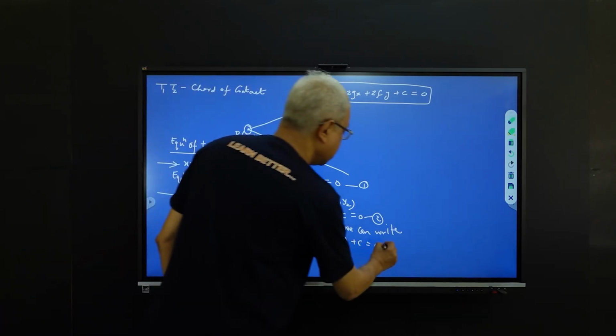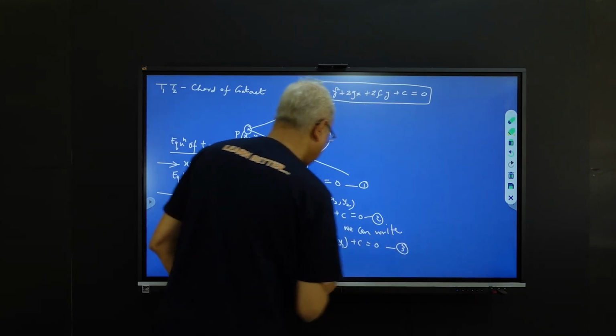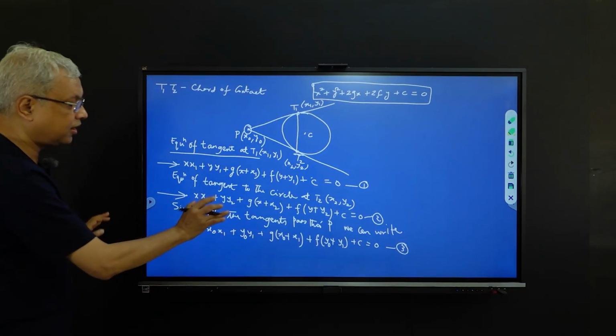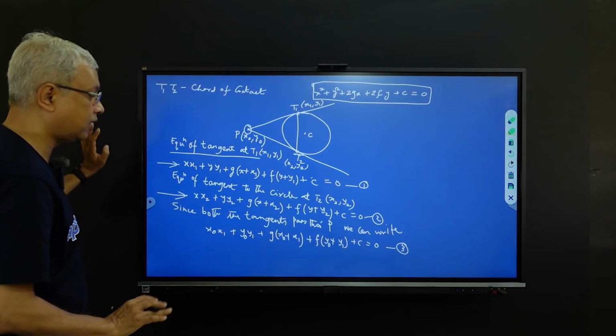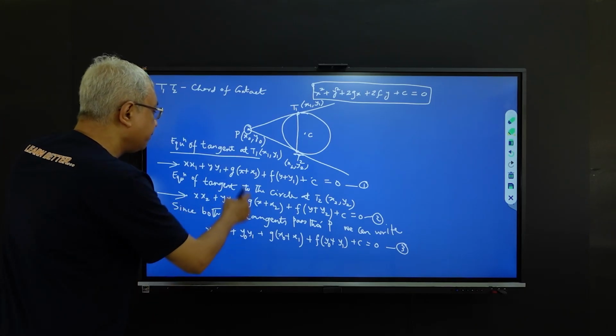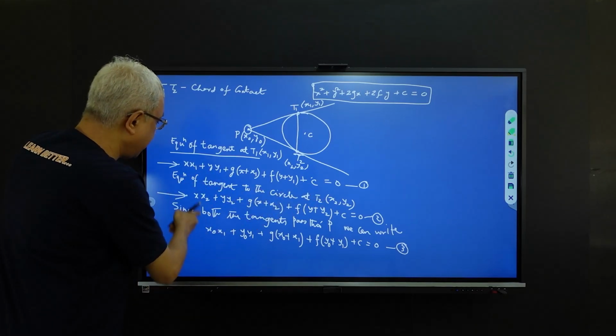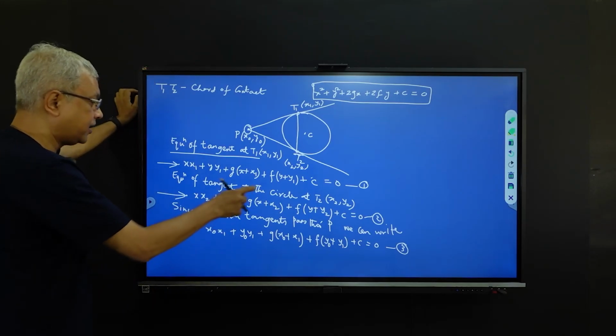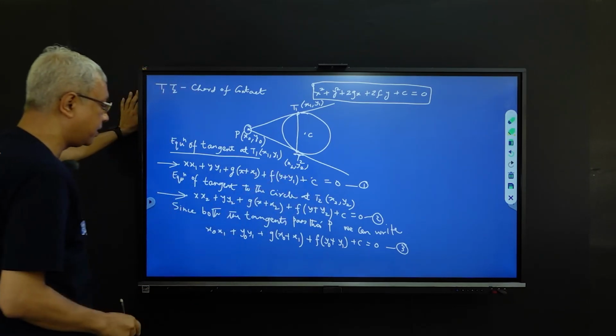I call it relation 3. It is not an equation, it is a relation between x0, y0, x1, y1. And similarly, x0, y0 must satisfy equation number 2 also.